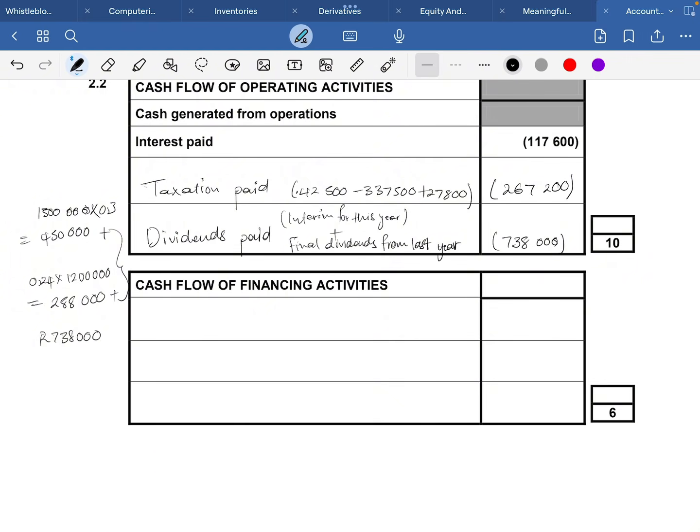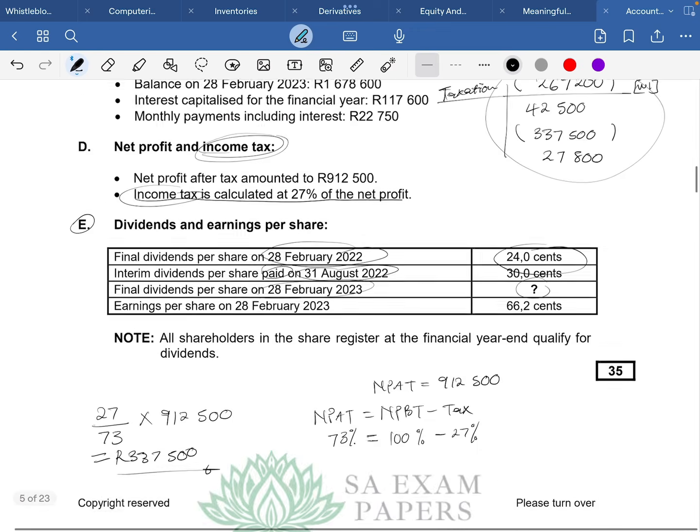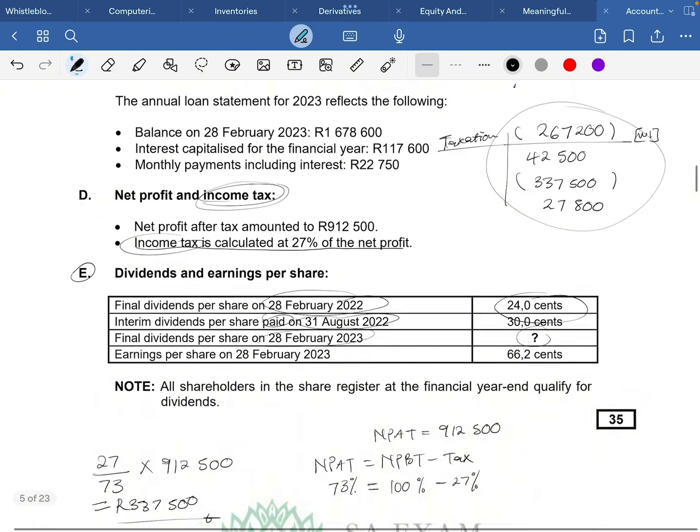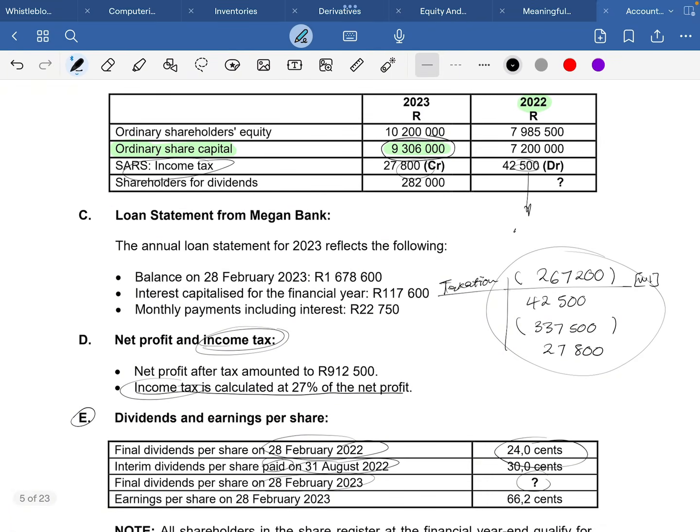So with financing activities, it's loans and shares issued. Those are the things that companies use to finance their assets. With loans and issues of shares, of course, we have a loan. The annual loan statement for 2023 reflects the following: the balance on 28 February 2023, this current year, we are closing with 1,678,600.